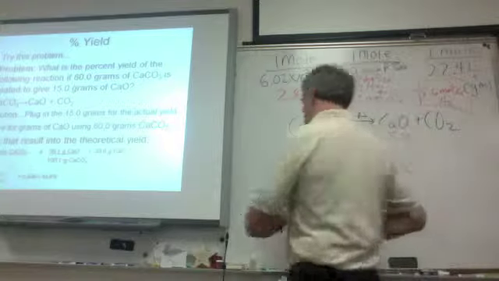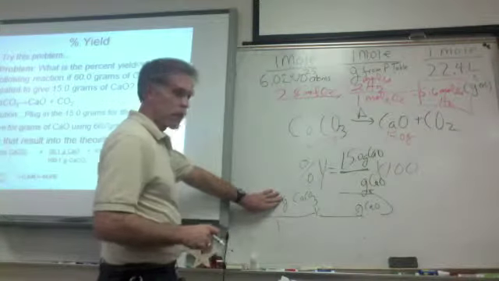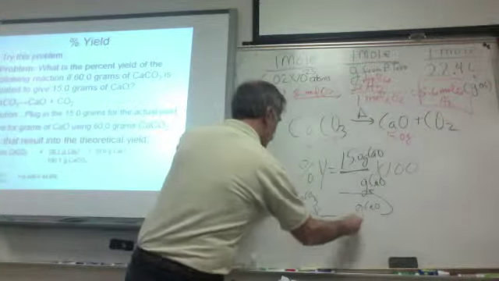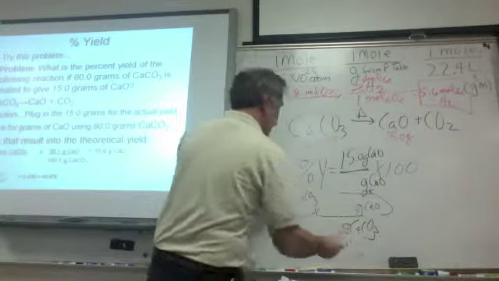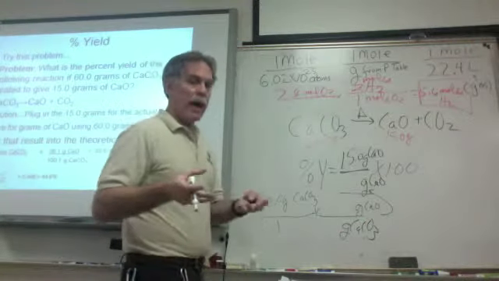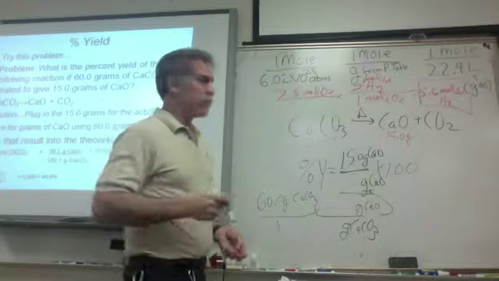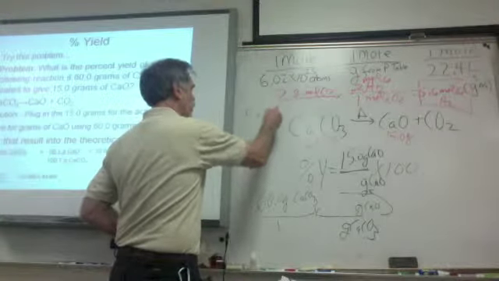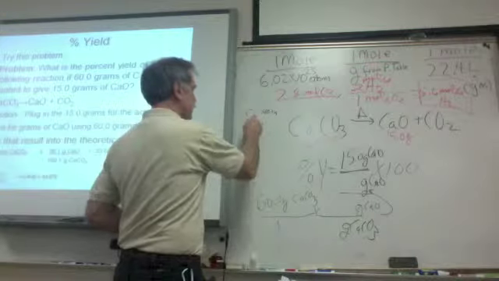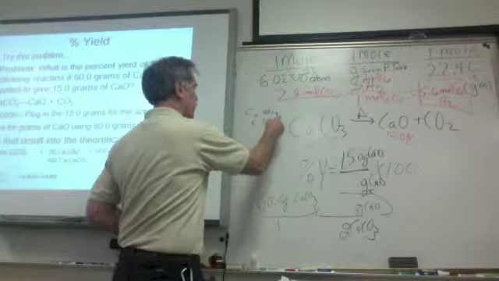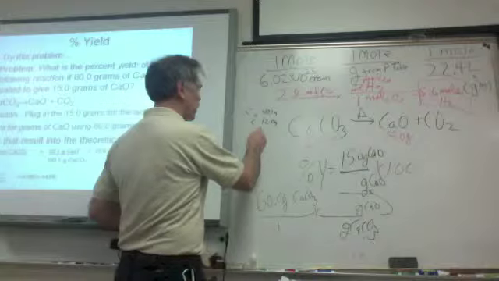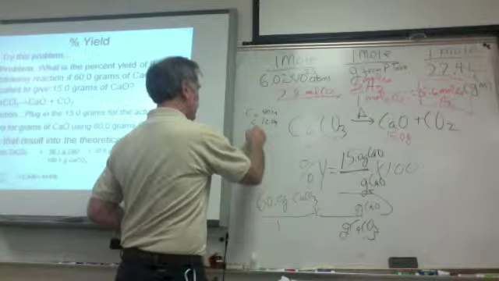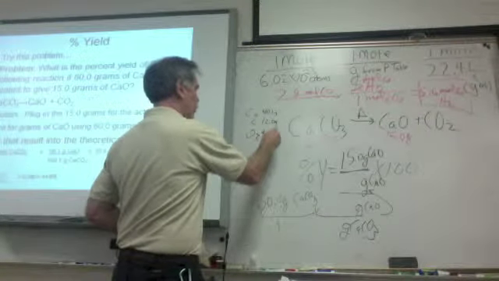So, just like before, we cover the number, drag the units down, grams CaCO3, and how do we get mole to mass? We add up on the periodic table the parts. We've got Ca, which is 40.1 grams. We've got C, which is 12.0 grams. And we've got O3, which is 48.0 grams.